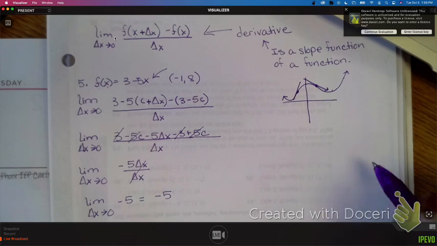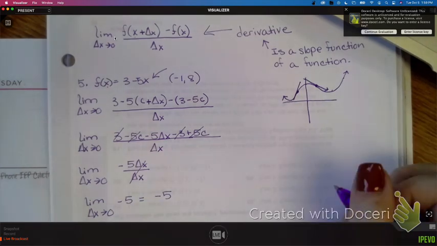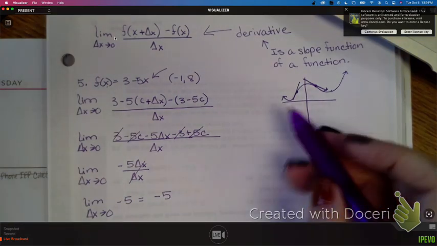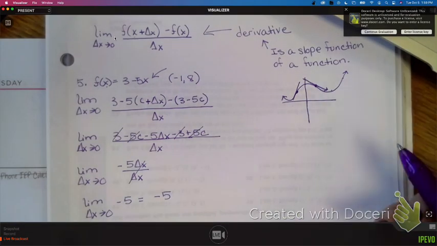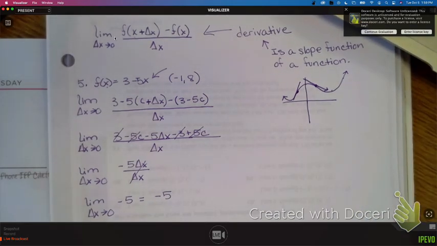So how do we know it's a constant? Because there's no variable. I messed up at the beginning. If it had an x in there, then you would have to plug in the x. What got me confused is that we had a c plus change of x minus a 3 minus 5x. So we had a c and an x.